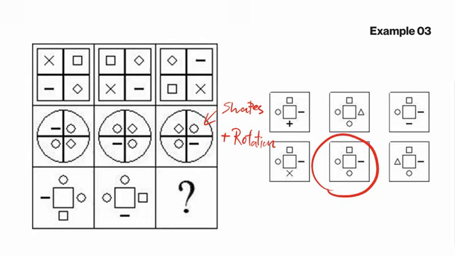So if we look at the possible solutions, we will focus exclusively on the ones which have the same shapes as the third row of this example. And as you can see, there is only one such solution, and also there is a rotation applied, so it will be this one, the one I marked.